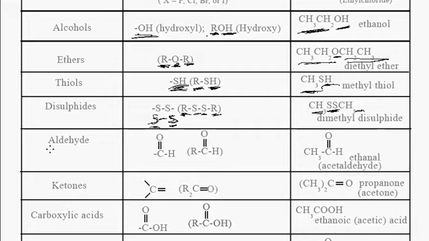The next is the aldehydes. So aldehydes are simply organic compounds with the CHO functional group. So these are the aldehyde functional groups. They can be represented by RCHO, where R here is still the alkyl group.